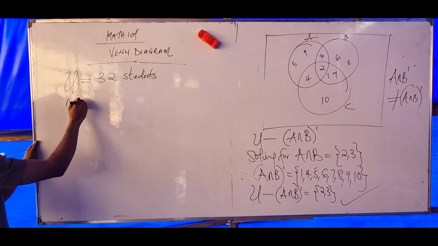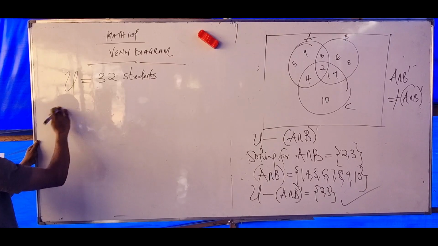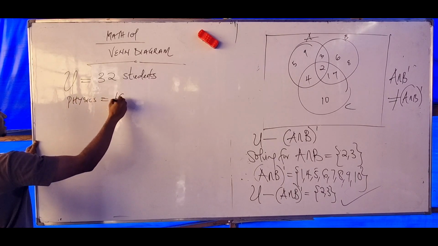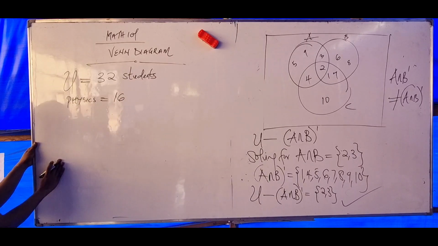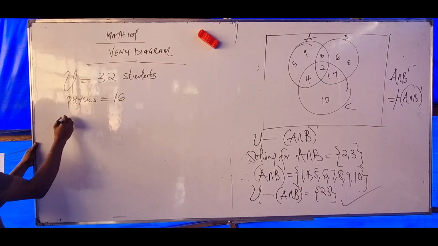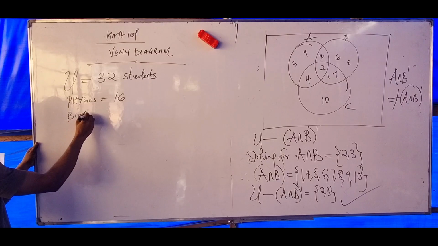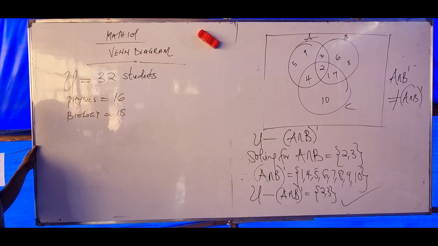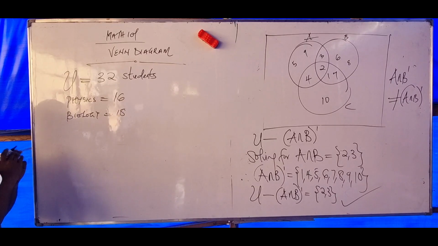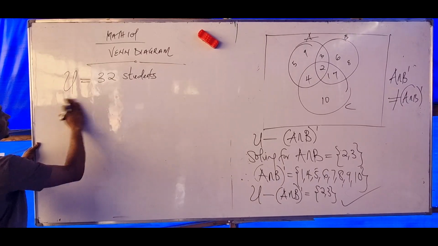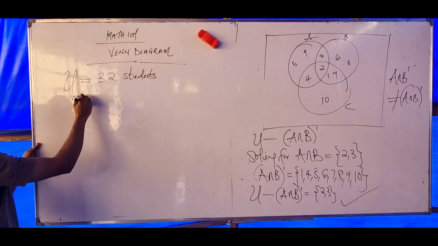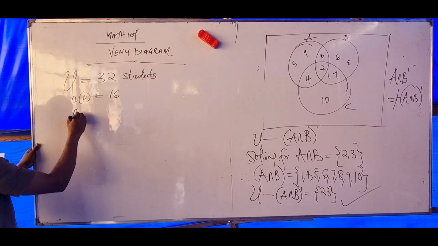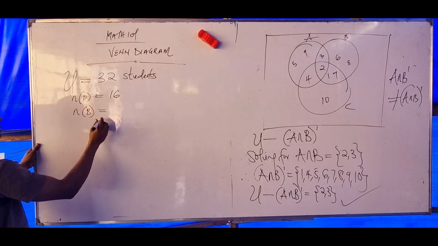The number that do physics is 16. Biology is 18. None of the courses is 3. Let me use n(P) for physics, which is 16, and n(B) for biology, which is 18.